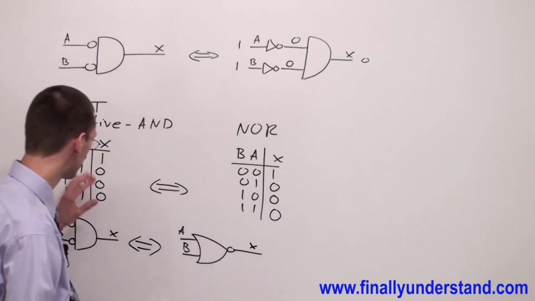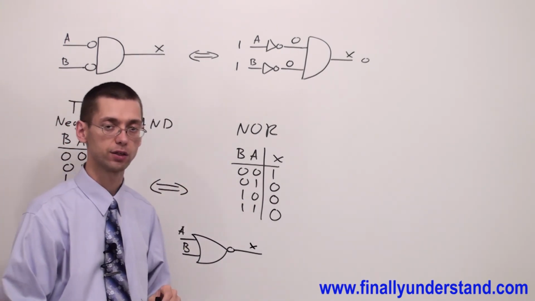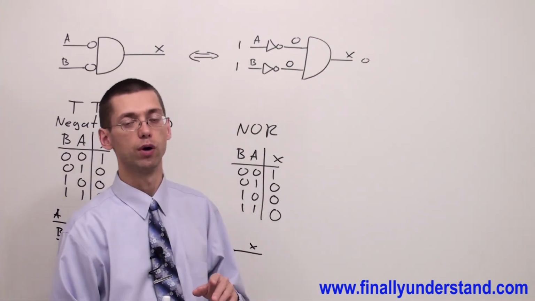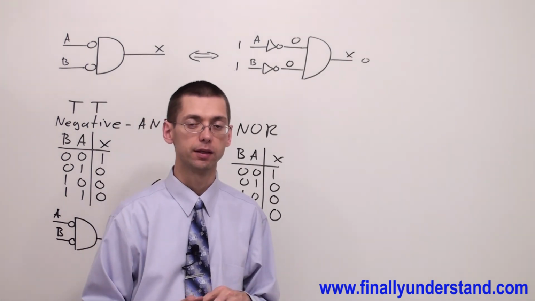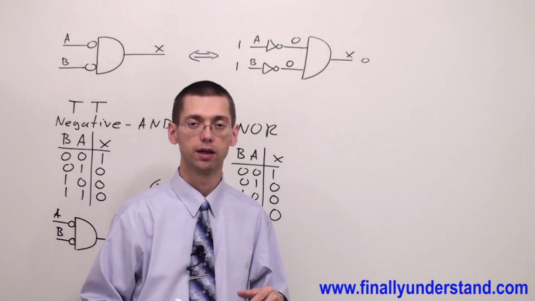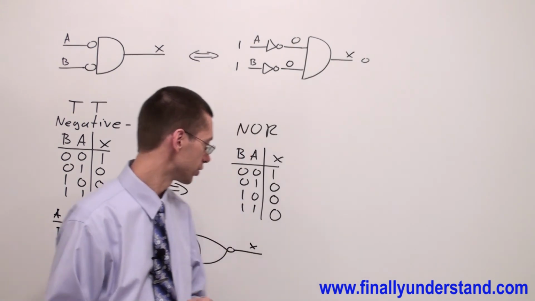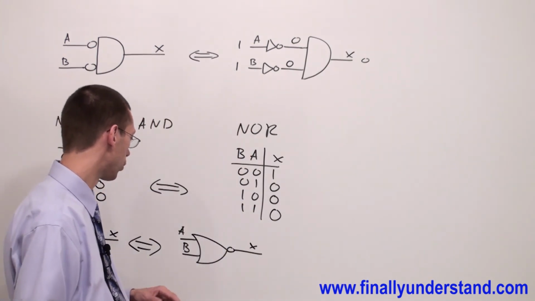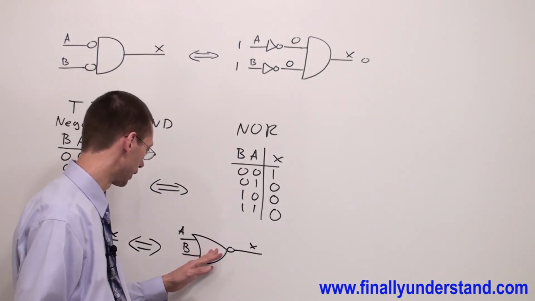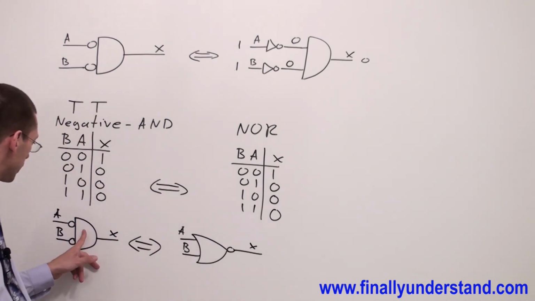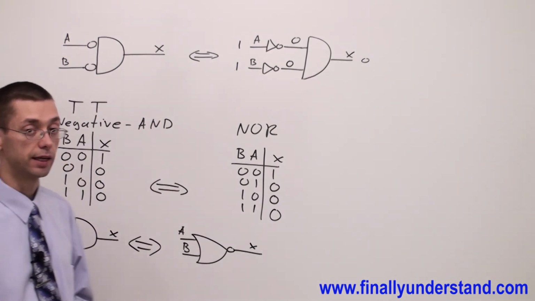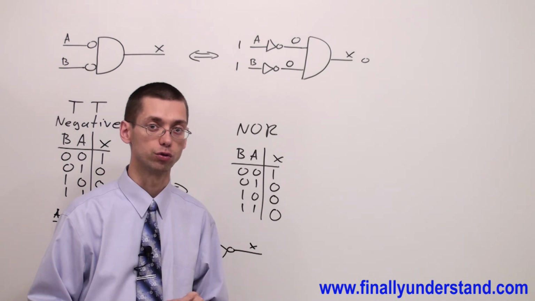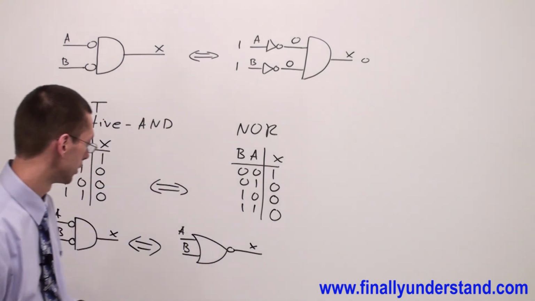They are going to perform exactly the same operations, but we're going to use them depends from the application. Some applications are going to require to use NOR gate, and some of them are going to require negative AND gates. We're going to talk about this in the next lessons.